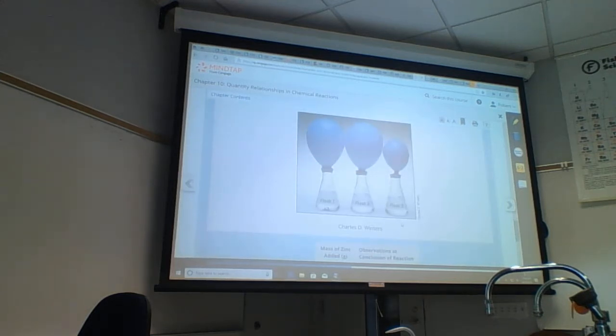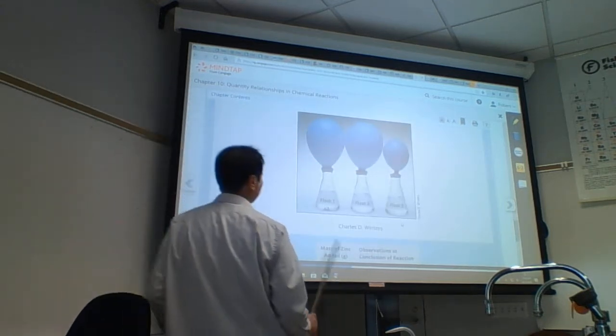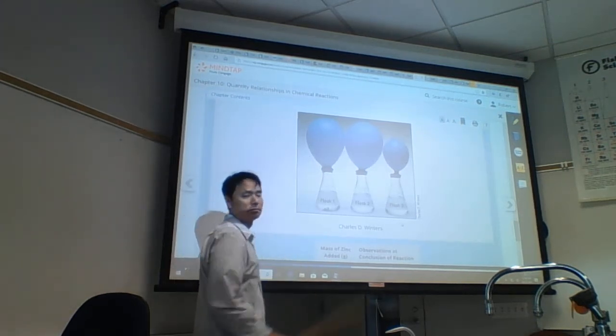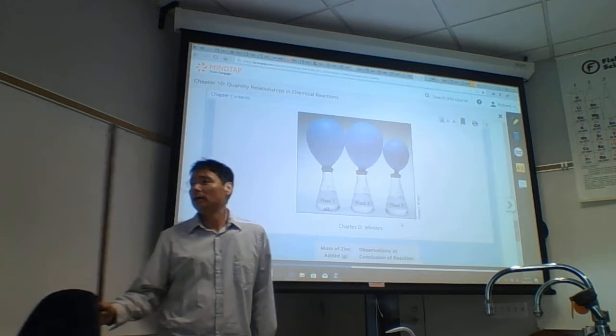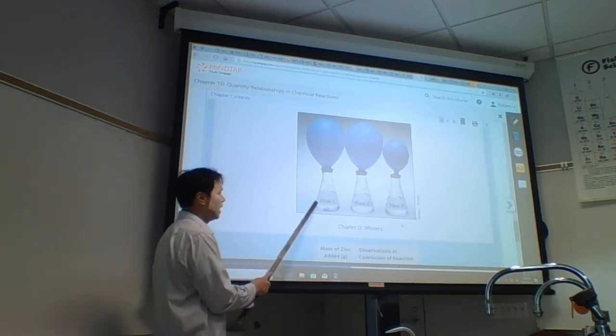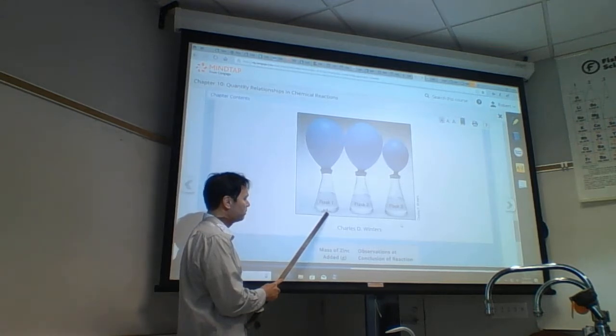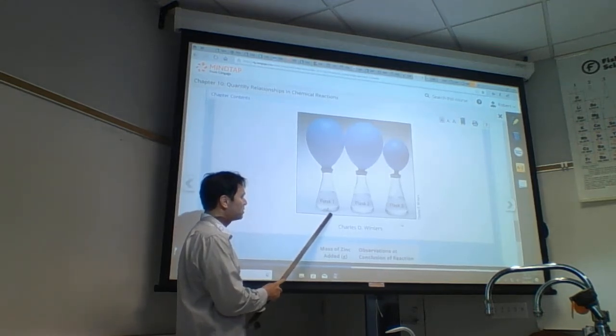So in the first flask here, what they did was they add some zinc in here and generate hydrogen gas. When you look at this, this has stopped reacting, so no more bubbles of gas are forming, and we have some leftover zinc. That leftover zinc is called excess zinc.